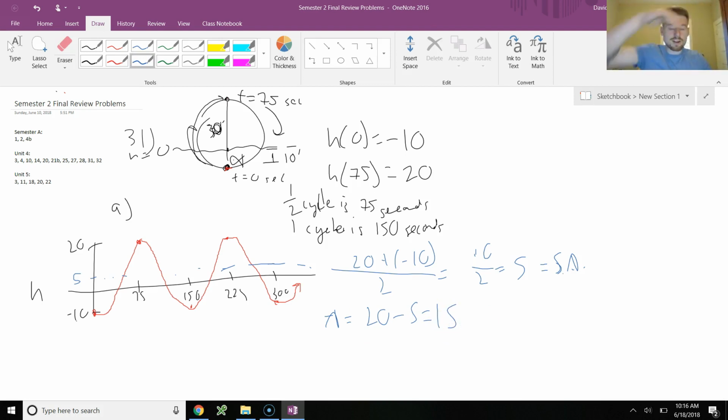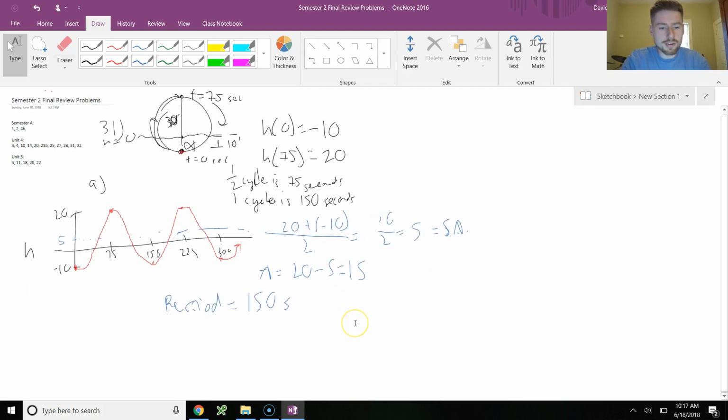The next step is to figure out what the period is. The period is equal to 150 seconds, because that's how long it takes for it to make one full cycle. And then do we need any phase shift?